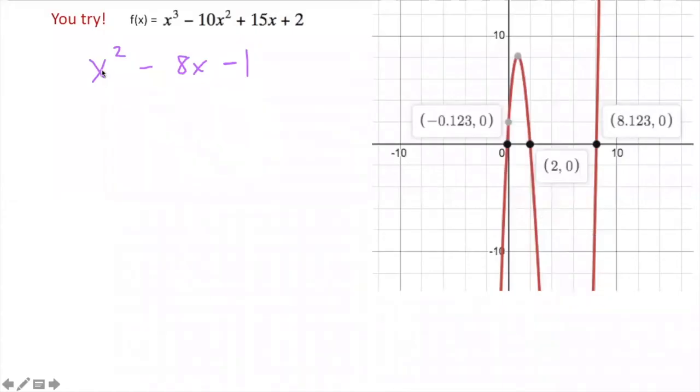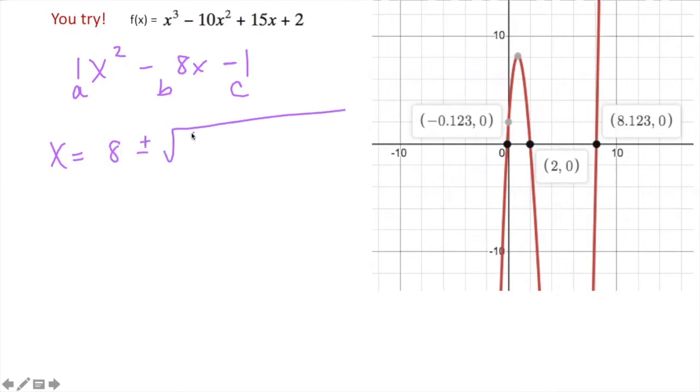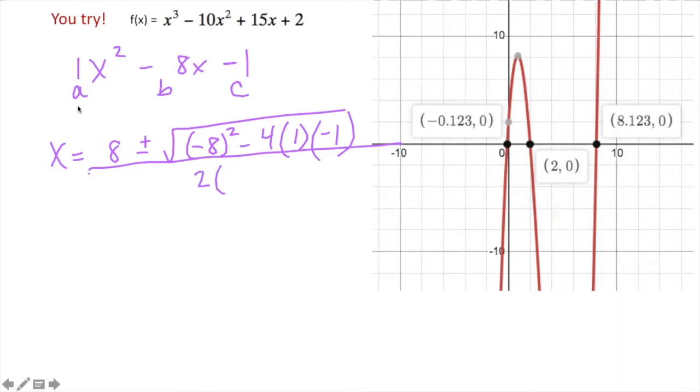Okay, so with the quadratic function x squared minus 8x minus 1, this 1 here is our a, -8 is our b, and -1 is our c. So if we do the quadratic formula, x equals -b, or the opposite of b. Since we had a -8, the opposite of that is +8, plus or minus square root b squared, which would be -8 squared, minus 4 times the a, which in this case was 1, times the c, which in this case was -1, all over 2 times a being 1.